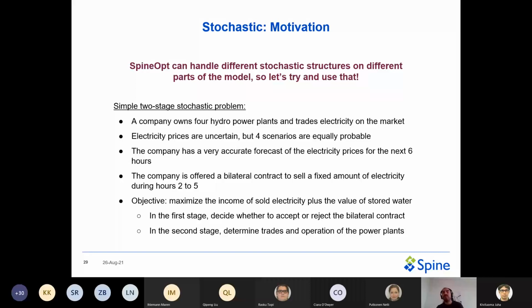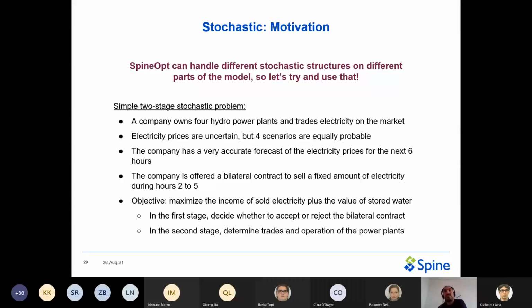For the stochastics, we have an example here that is not part of the official Spine case studies, but something that we implemented specifically for this presentation. The idea here is to illustrate the concepts rather than to provide a very nice case study with a lot of data and nice results. So be aware that this is not going to be too awesome, but I think you will appreciate the concept behind it.